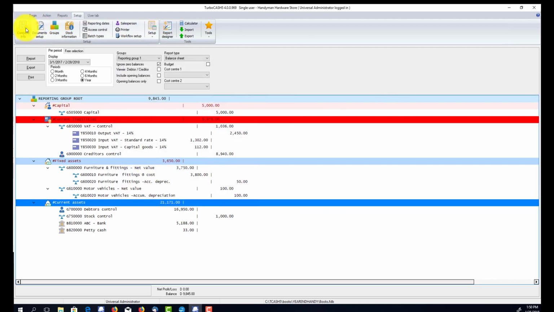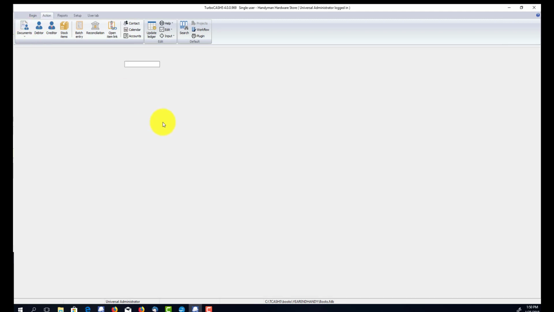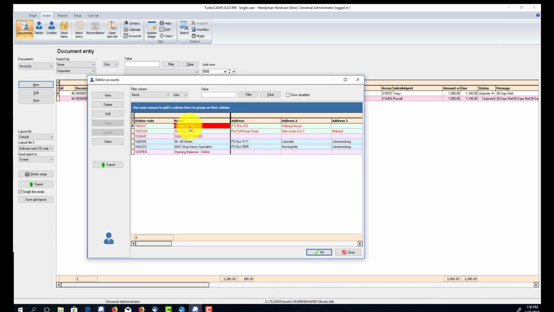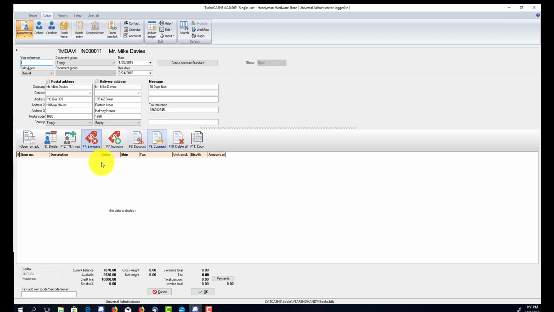I'll go and try and make, for example, now a new invoice, and I'll make it to Mark Davies, and I'm going to make it on the date the 1st of March 2018. Doesn't really matter what I put in here.